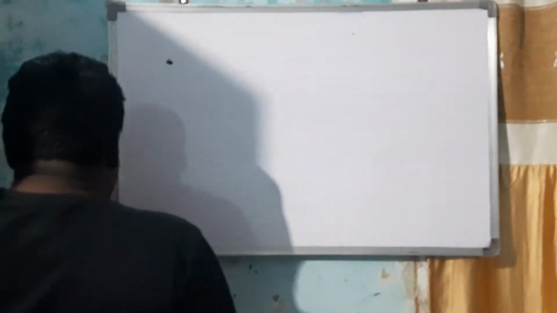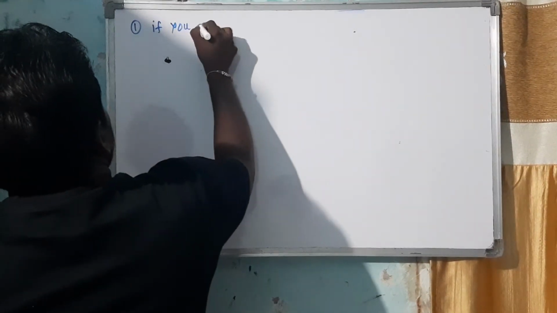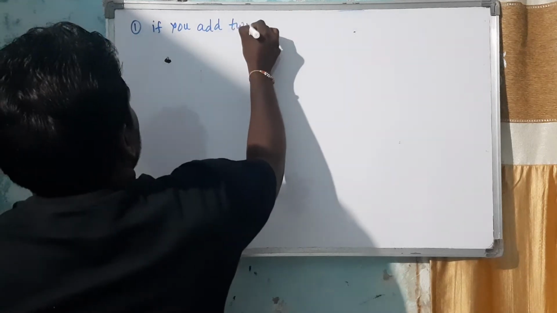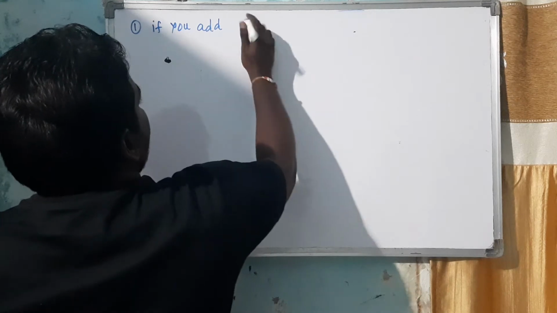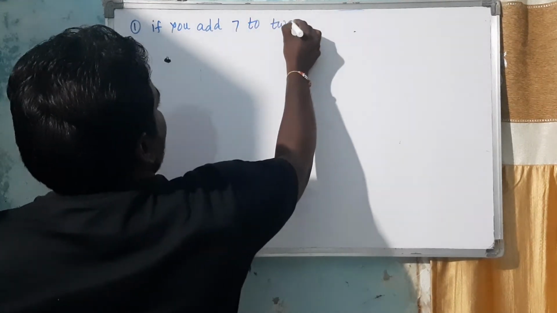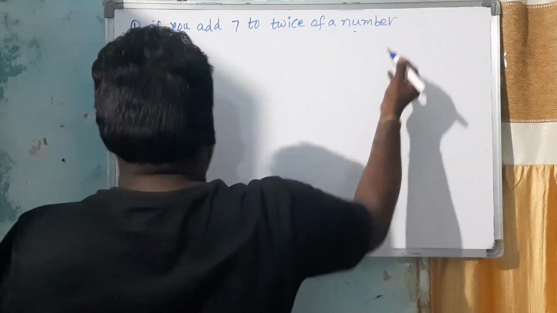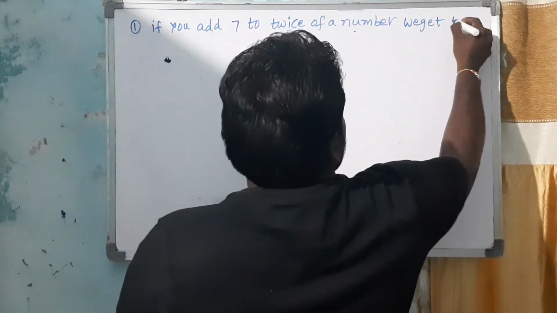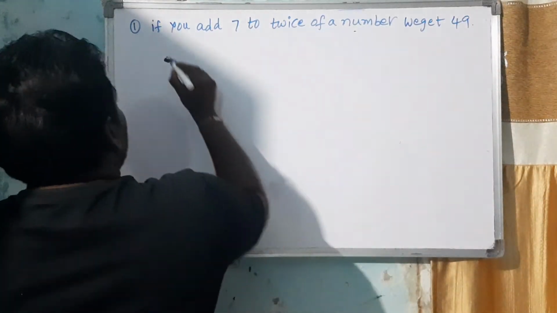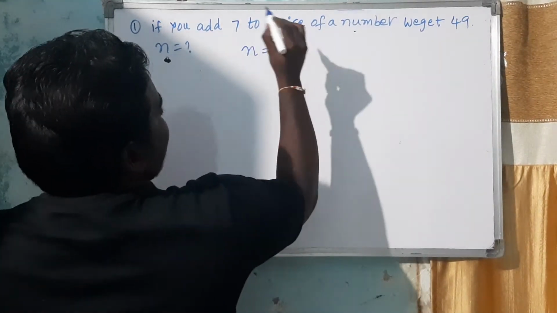Let me take the first question. If you add 7 to twice of a number, we get 49. Then what is the number he is asking? Let me take that number equal to x.